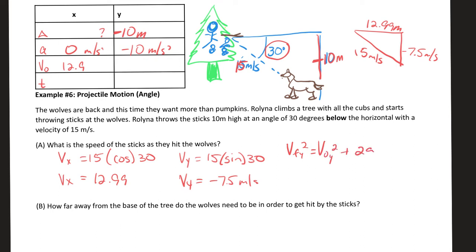So now I can find my final speed. The final velocity squared is equal to negative 7.5 squared plus 2 times negative 10 times negative 10. When you solve for that, the final velocity is going to be 16 meters per second.